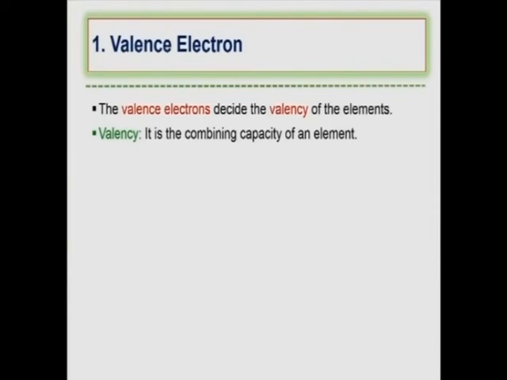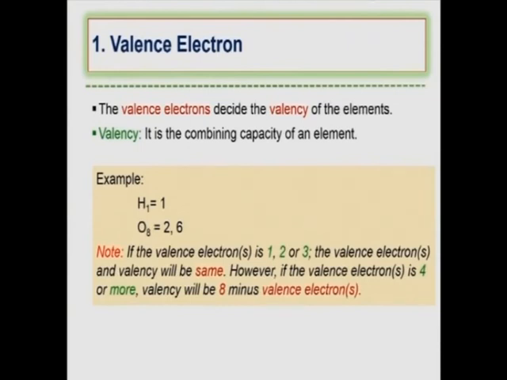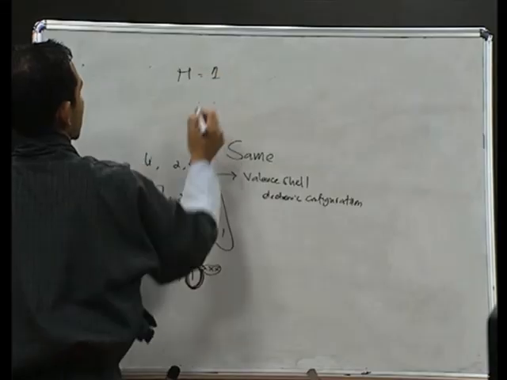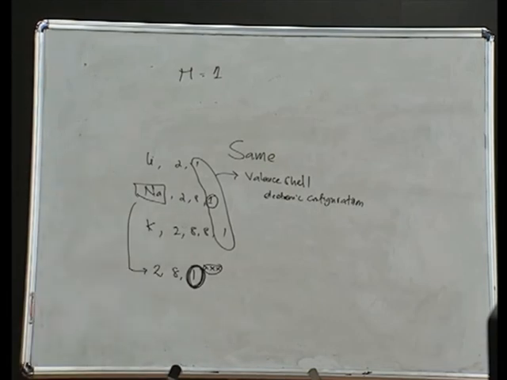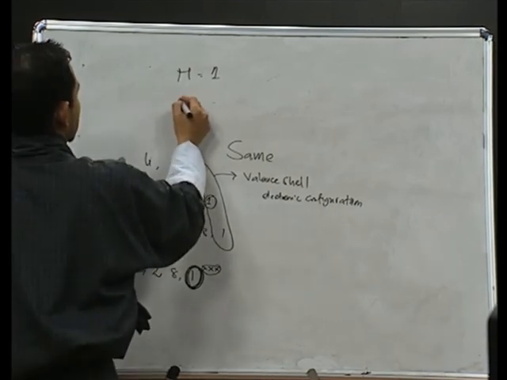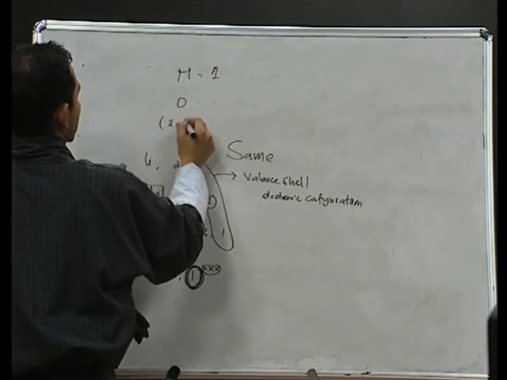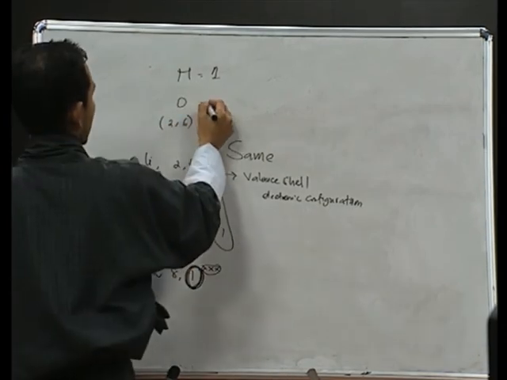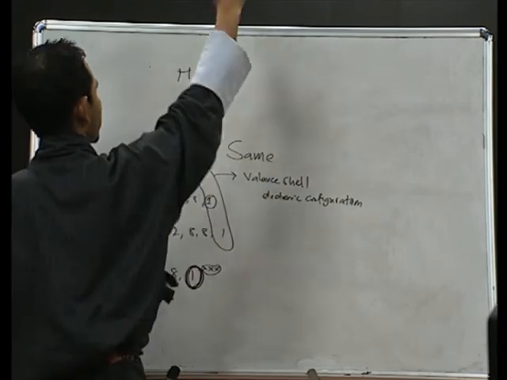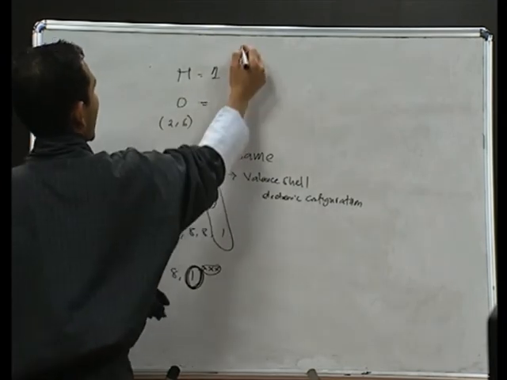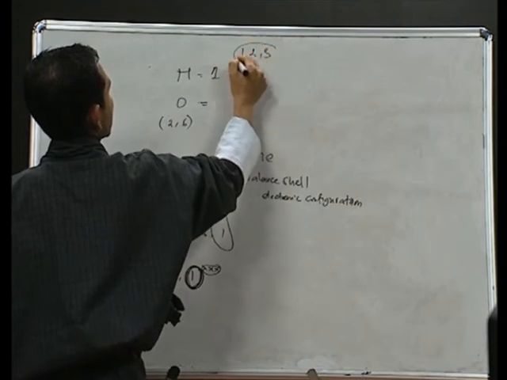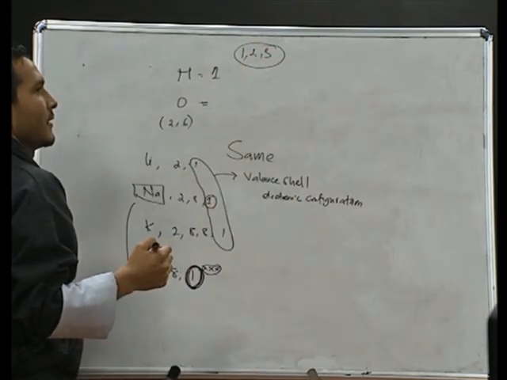What is valency? Valency is simply the combining capacity of an element. For example, hydrogen has 1 valence electron, so its valency will be 1. Second, let's talk about oxygen. Oxygen has electronic configuration 2 and 6. If the valence electron count is 1, 2 or 3, we consider it as the valency.